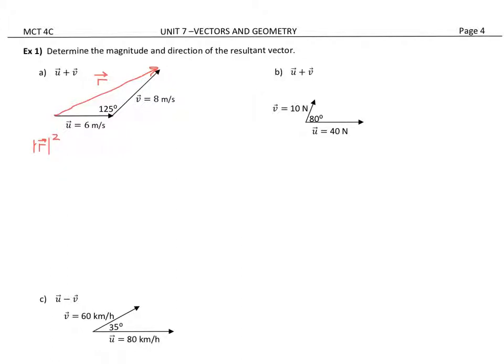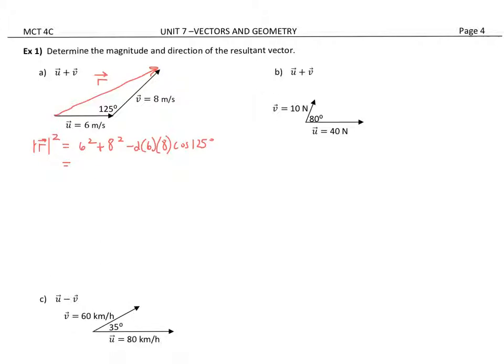So r squared, our resultant vector squared, will equal 6 squared plus 8 squared, our two sides between the contained angle, minus 2 times 6 times 8, times the cosine of that angle between them, which is 125 degrees. We can throw that into the calculator.